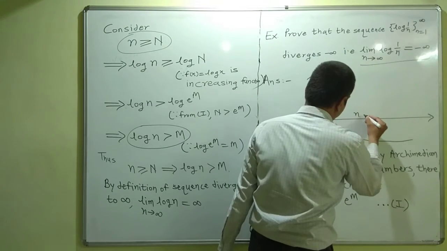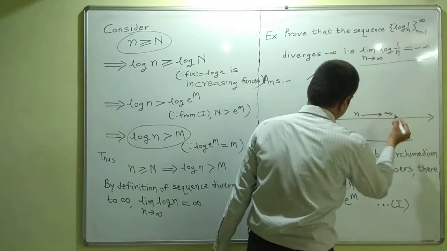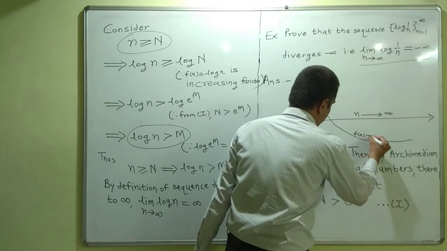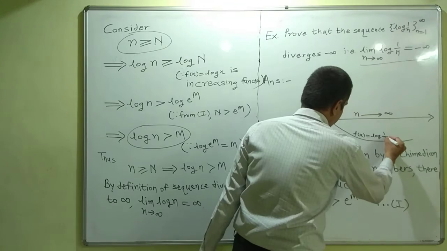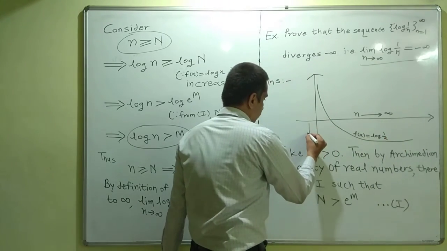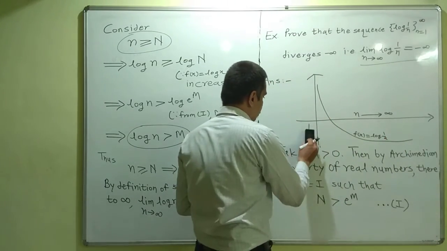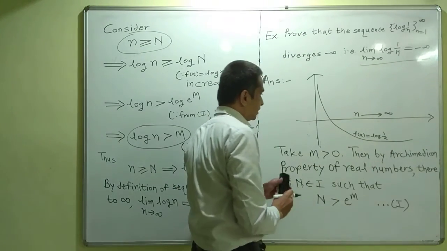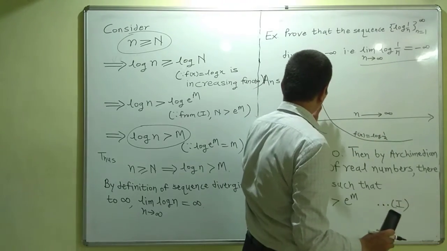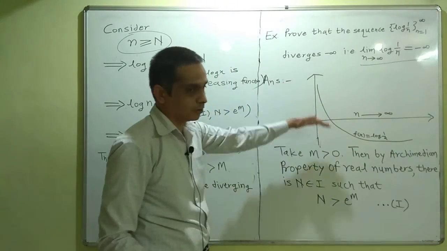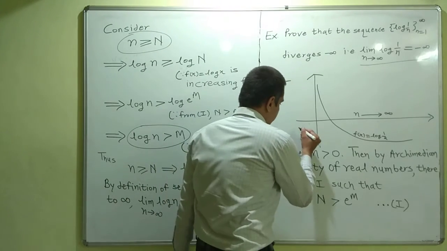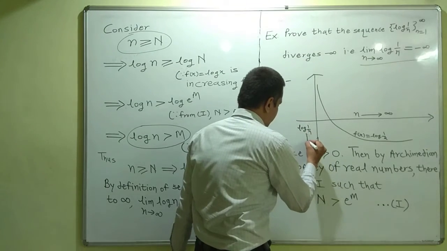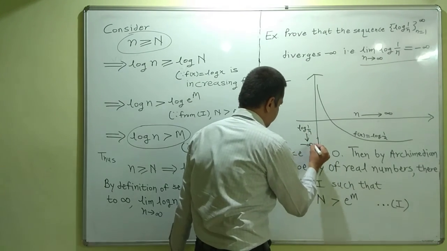You can observe that as n tends to infinity, log of 1 by n tends to minus infinity. It is a decreasing function. As n increases from left to right, log of 1 by n decreases from upwards to downwards. So log of 1 by n diverges to minus infinity.